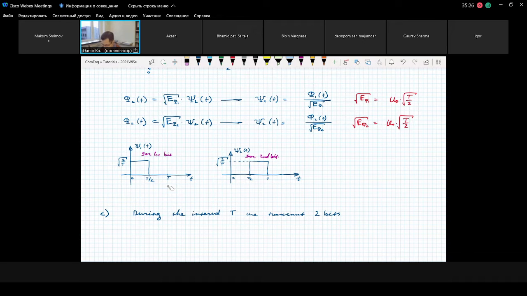But then after you take it, you have to normalize it by energy. And this is what we do here. We take our pulse shape function, normalize it by the square root of energy, and we get the first basis function. This is the one-to-one first step from the Gram-Schmidt procedure.